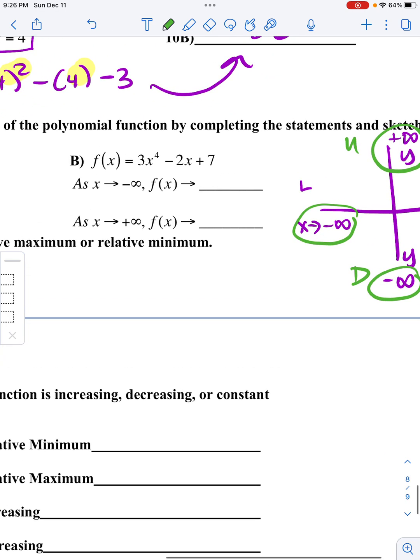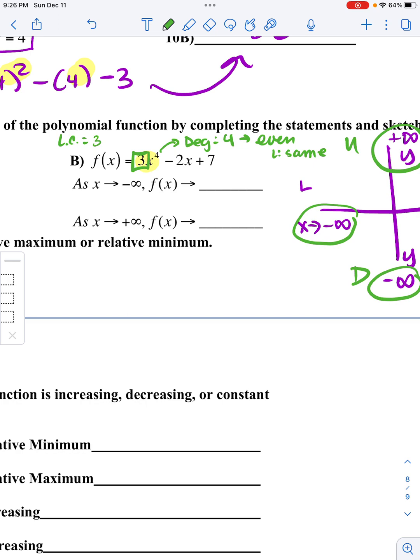Okay, so this one is standard form already. On the test, you have to look and see if it is before you start. It has a degree of 4. I don't care that it's 4. I just care that it's even. Even tells me that the left end will do the same as the right. Looking at my leading coefficient, it is 3.